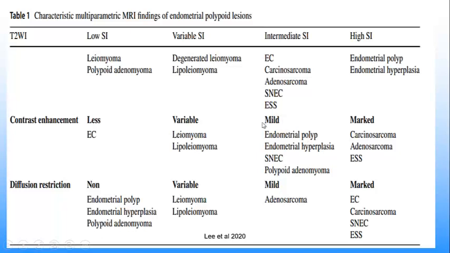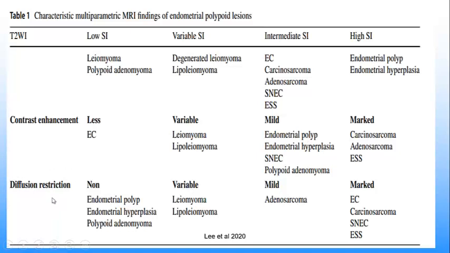If we have mild enhancement, we are talking about endometrial polyp, endometrial hyperplasia and polypoid adenomyoma. But if we are talking about marked enhancement, then we are on the malignant side, but not the endometrial carcinoma: the carcinosarcoma, the adenosarcoma, and the endometrial stromal tumor.